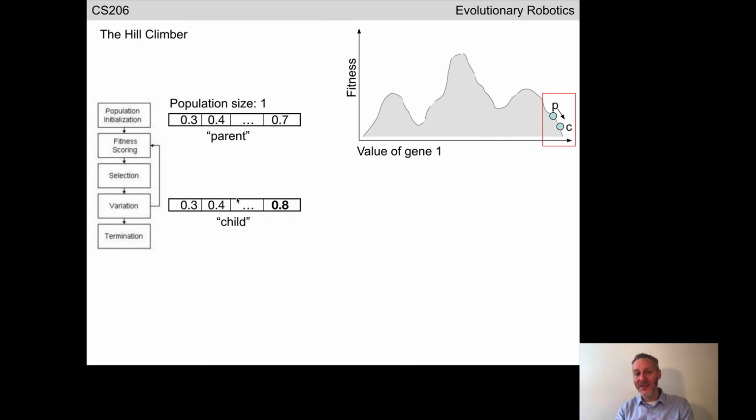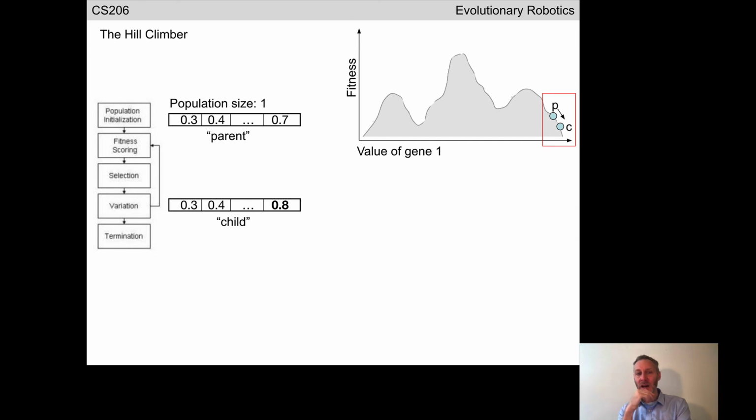Let's imagine if we take this set of synaptic weights, drop it into our robot, that robot now does worse than the parent robot did. And so the child vector accrues a fitness value that's lower than the fitness value of its parent. So the hill climber, in moving from the parent to the child, has moved downhill, down the fitness landscape.